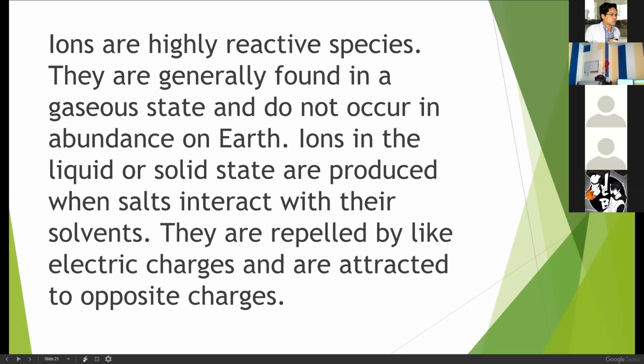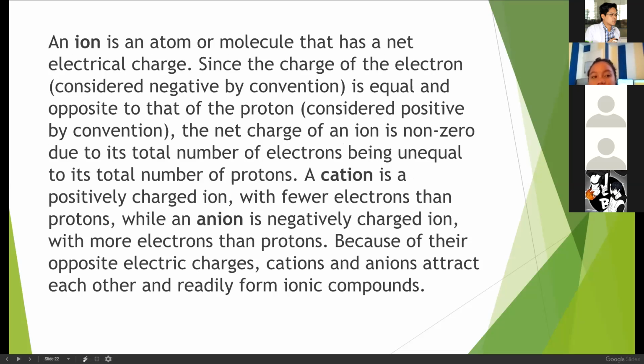In ions, we have two: positively charged and negatively charged. The positively charged is called a cation. The negatively charged is called an anion. An ion is an atom or molecule that has a net electrical charge since the charge of an electron, considered negative by convention, is opposite to that of a proton, considered positive.